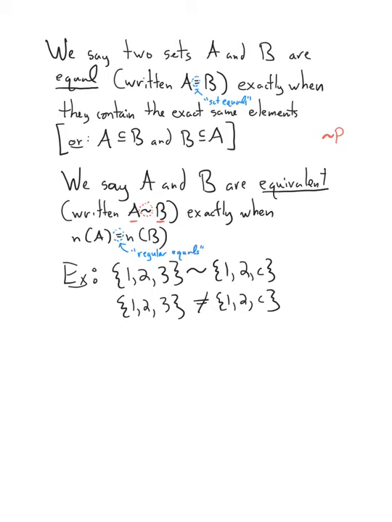But they're not equal, since 3 is an element of the left-hand set, but not of the right-hand set. So, since all of the elements of A aren't elements of B, then these aren't equal. You need to have everything in A be in B, and everything that's in B be in A. So they have to have the exact same elements. Here's a 3, here's a C. They can't be the same.